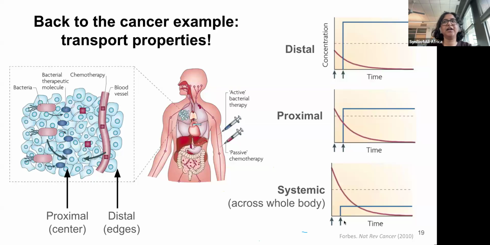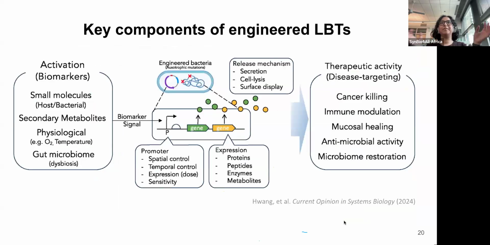And so to talk a little bit more about the key components of engineered living bacterial therapeutics, and now that we know a little bit more about what makes a perfect therapy, we can get a little bit more into what elements are there in engineered bacteria.